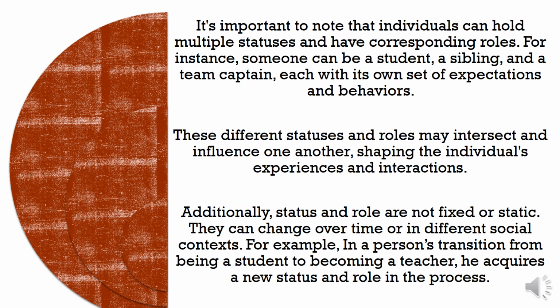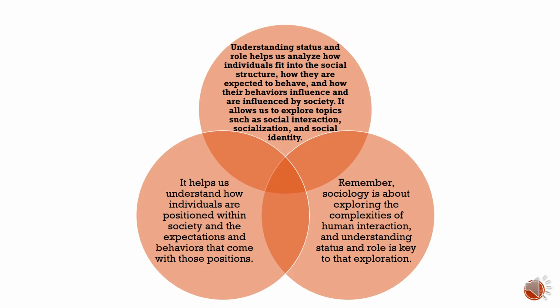Additionally, status and role are not fixed or static. They can change over time or in different social contexts. For example, in a person's transition from being a student to becoming a teacher, he acquires a new status and role in this process.